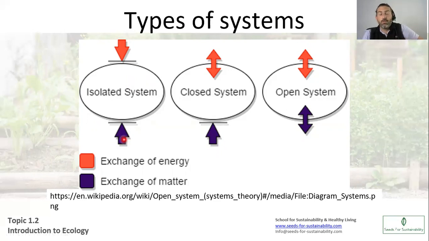So when we look at those, we see the differences. Our designs are naturally open systems because we obviously have lots of material inflow and outflow, or exchange of matter.